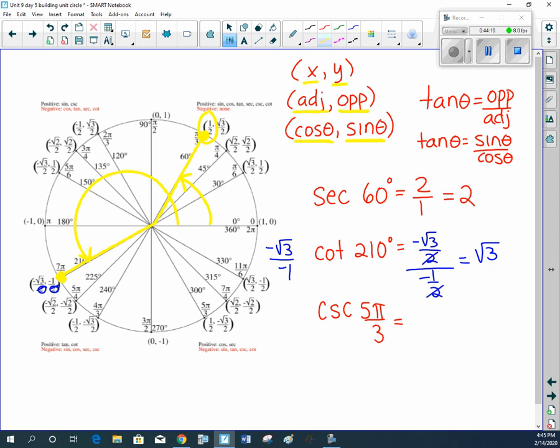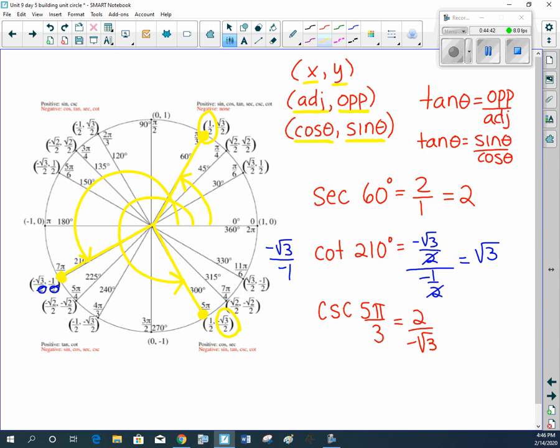Okay, cosecant of 5 pi over 3. So once again, I'm going to start on the positive x-axis. I'm going to rotate until I get to 5 pi over 3, which is right here. Going to draw that terminal side in, find that point, and cosecant is the reciprocal of sine. This is the sine. So if I was going to do the reciprocal of that, I would just write that as 2 over minus the square root of 3.